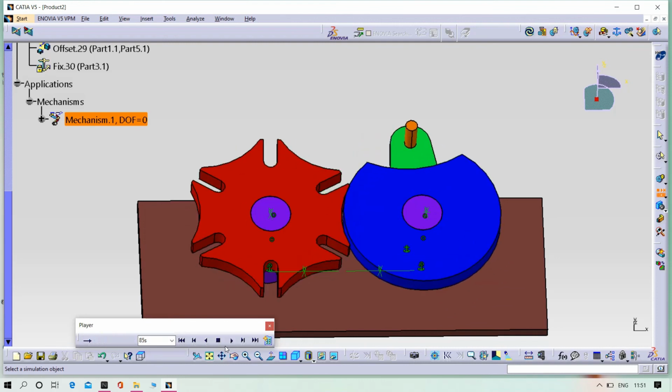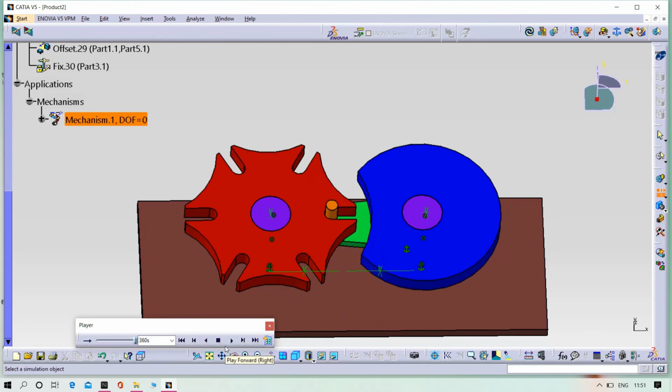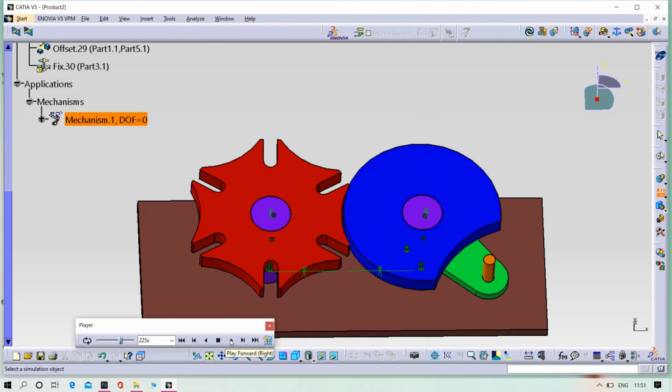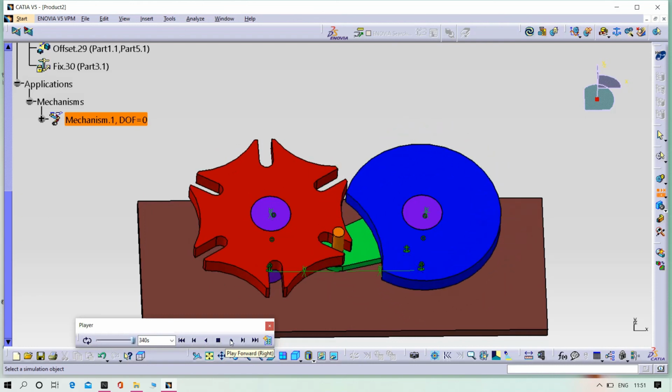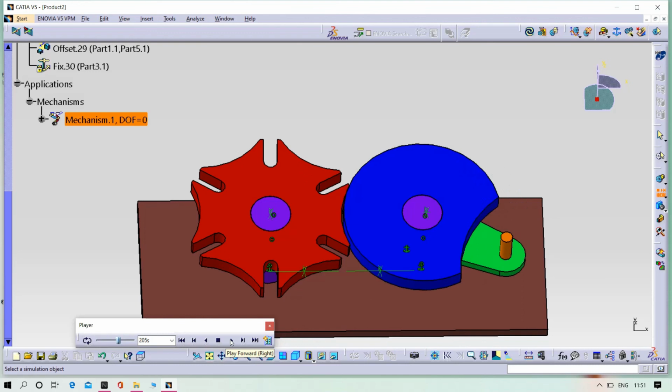Okay, yeah, perfect. The animation of the Geneva mechanism is also over.